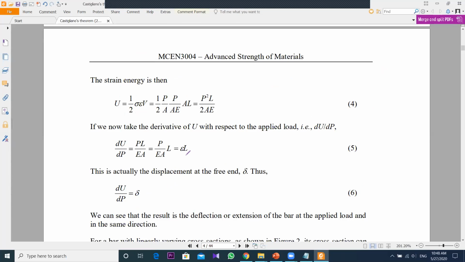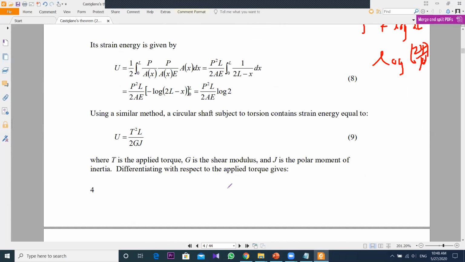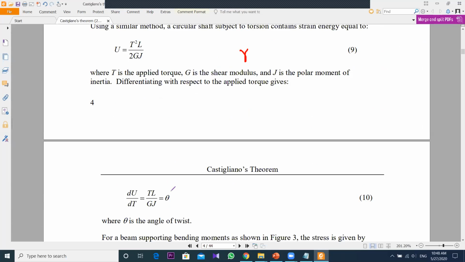Shear strain, normally we call as gamma, like this. So this is gamma L. Gamma L means theta. Okay. Normally shear strain we call like this.